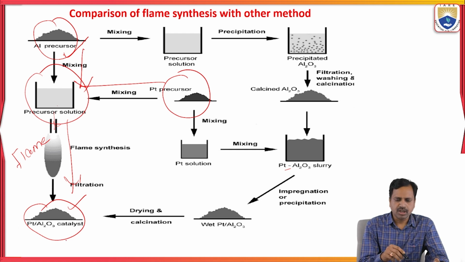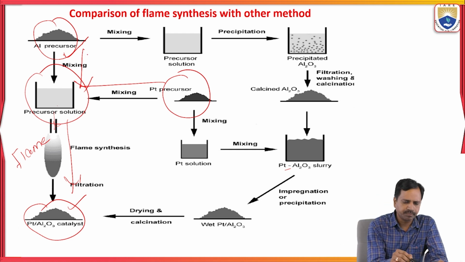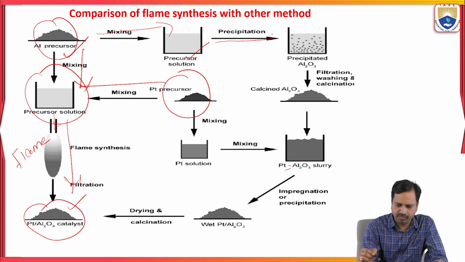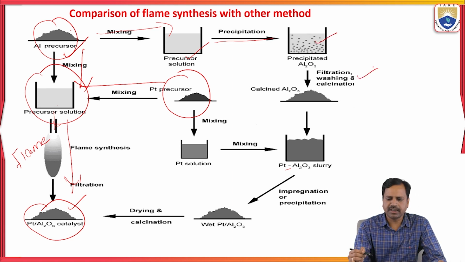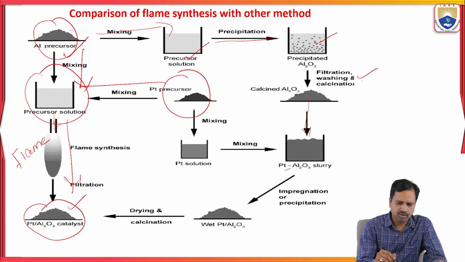In the next case, the precursor material is first mixed in the solution and undergoes precipitation, and after the precipitation, filtering, washing and calcination, it is mixed in a slurry of platinum. Here the platinum precursor will be coming from this side. Again the platinum will be mixed in this one.